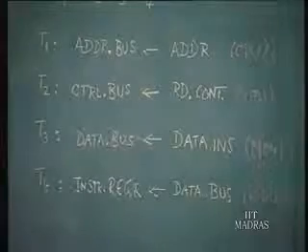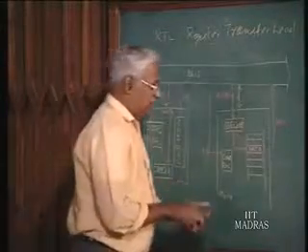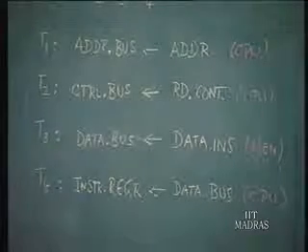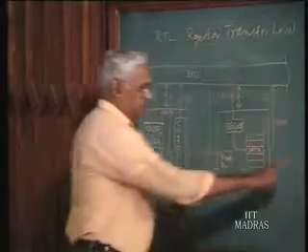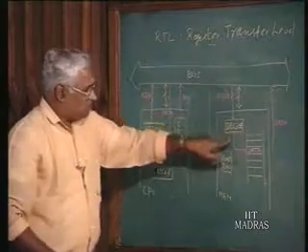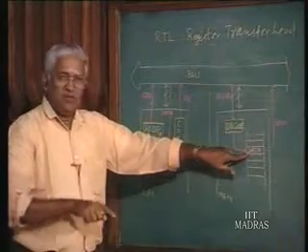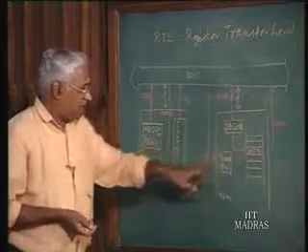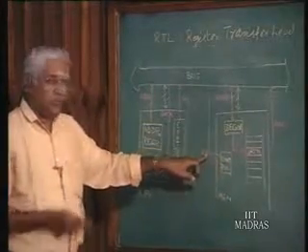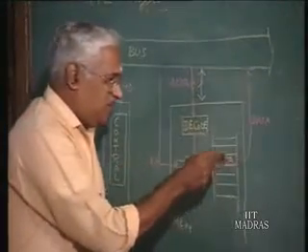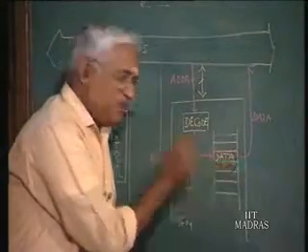Then in T3 there is an assumption that is made right here, we will talk about it a little later. We are assuming that the memory is ready to respond because it knows from where to get the information, that is the data, in this case being an instruction, and it also knows what it should do. Now this being read, obviously this means the CPU wants to read from the memory.